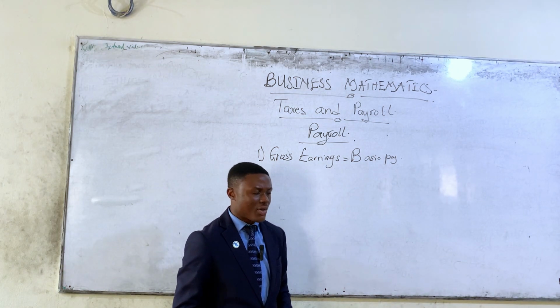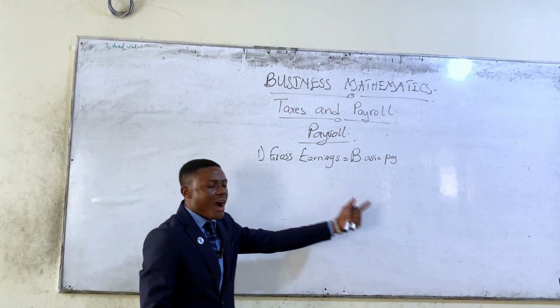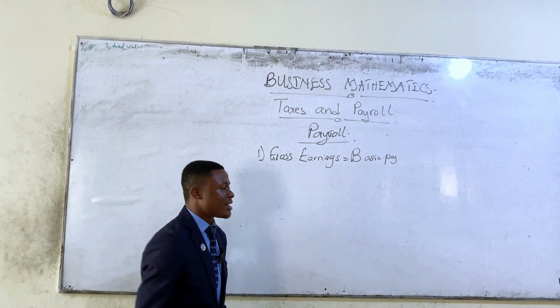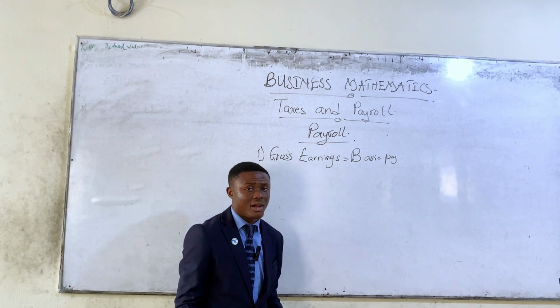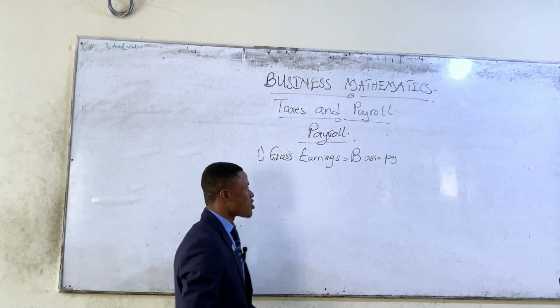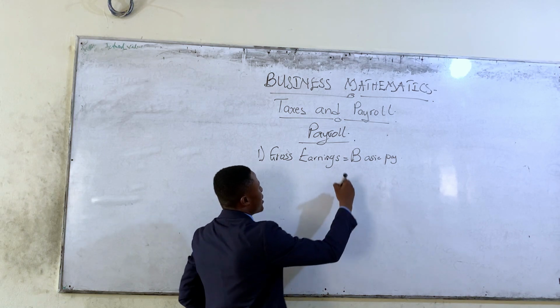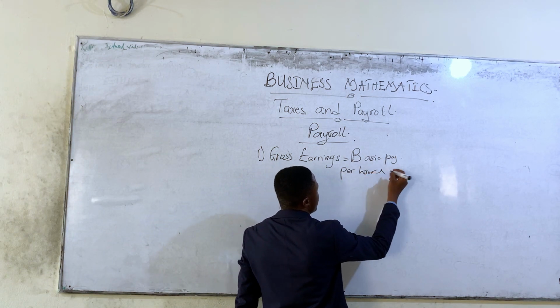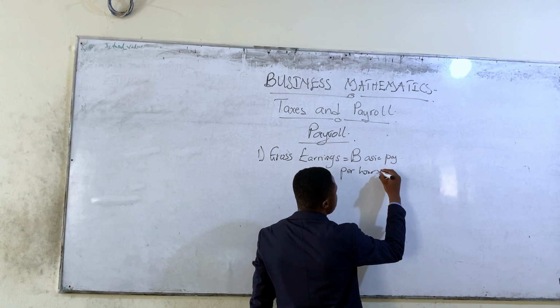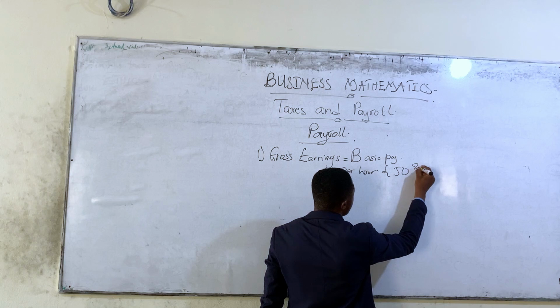Are we good? Great. So if I work per hour, it can be stated that my hourly rate can be what? 50 cedis per hour. Are we good? So per hour, each hourly rate is what? 50 what?